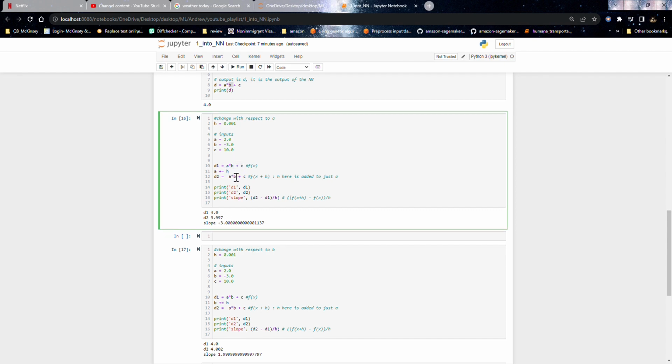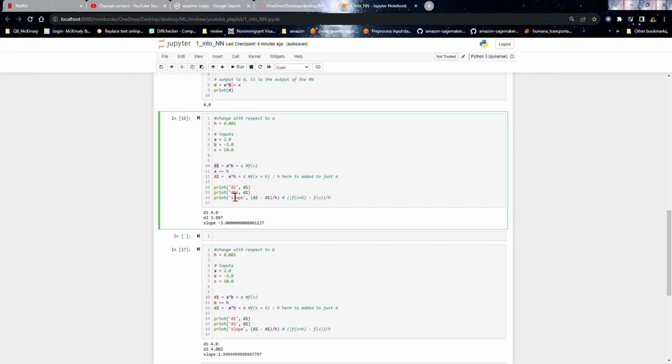And here we are adding a value to A in a positive direction, but when we multiply it with respect to B, which is negative 3, the D2 is going to actually be lesser than D1, because A is positive and B is negative, and hence the output will actually be less than D1.